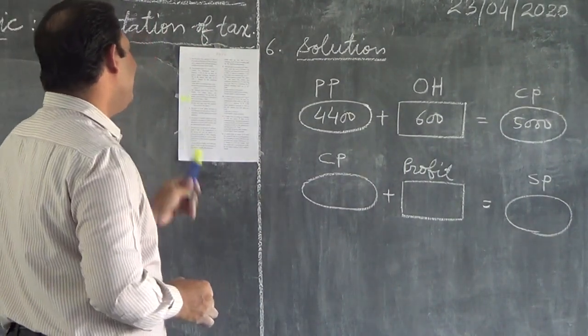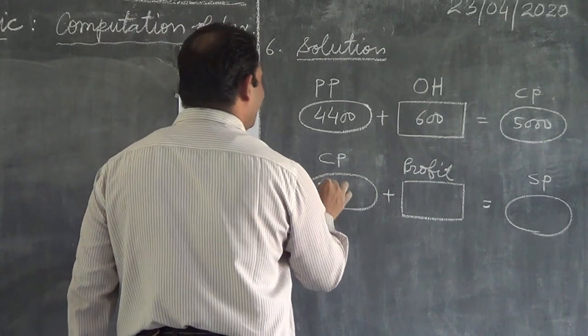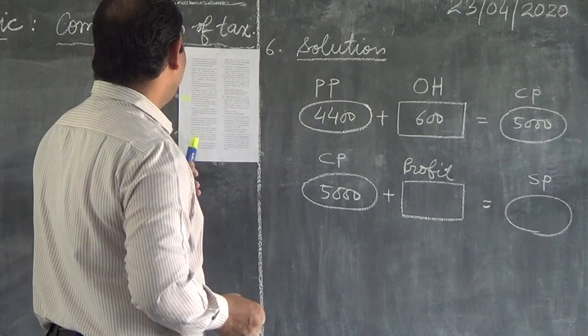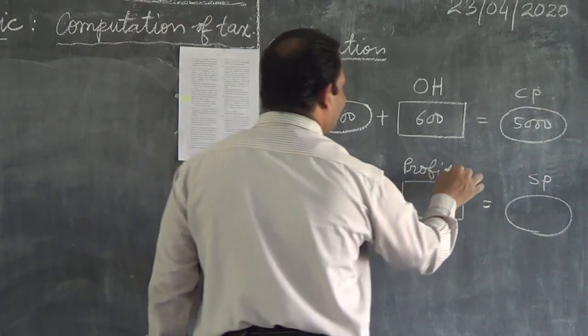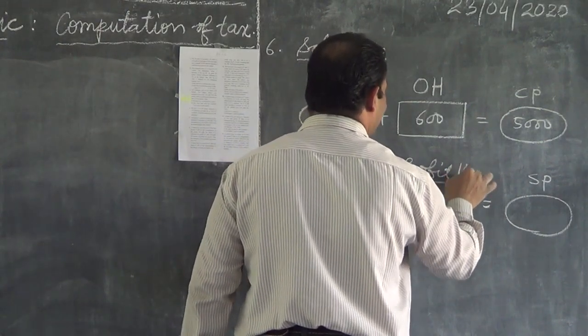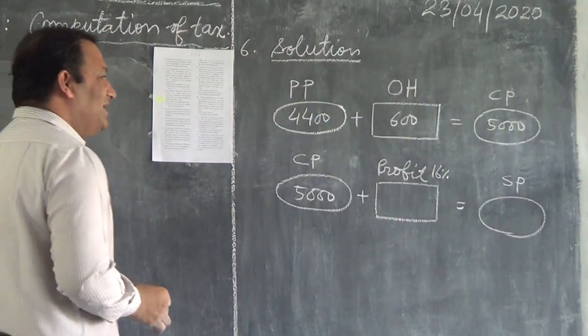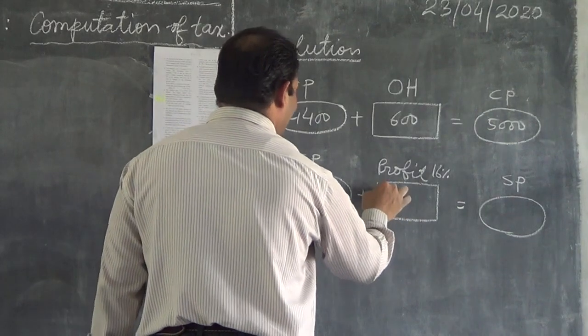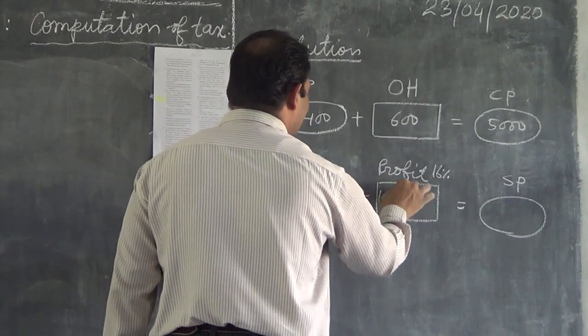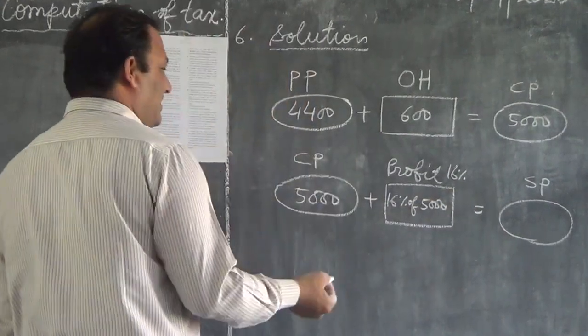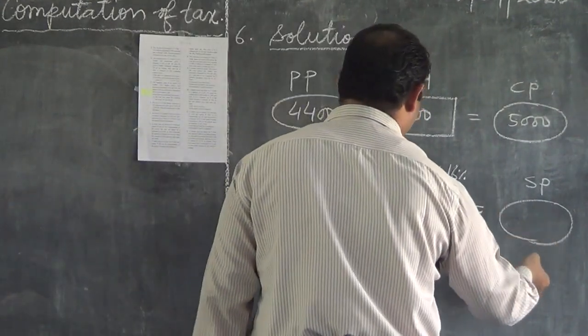And CP how much, children? CP is here 5,000 and SP how much? Profit at 16%. So here 16% of 5,000. So whatever answer will come, we can calculate.